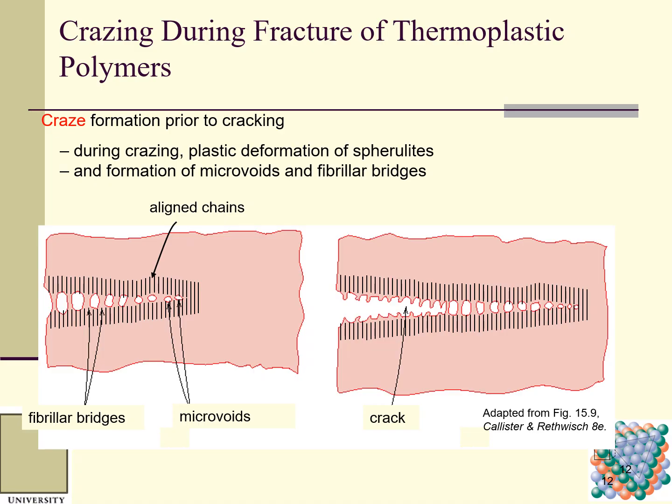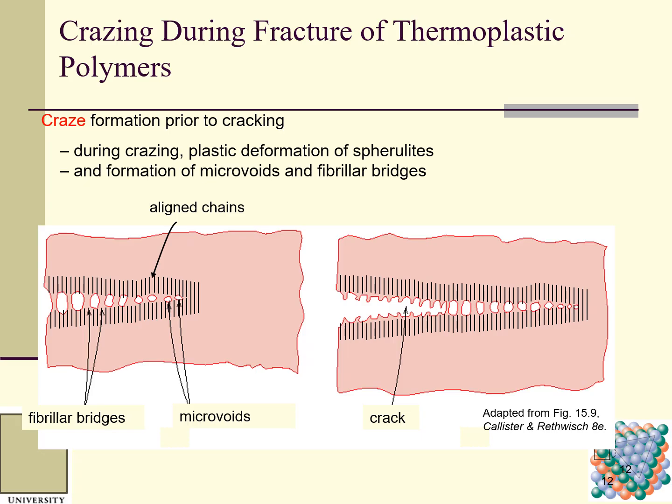And then we talk about crazing during fracture of thermoplastic polymers. What is a craze? Craze formation occurs prior to cracking. Here is the body, and we can have fibrillar bridges here. These are microvoids, and during crazing there is plastic deformation of spherulites.